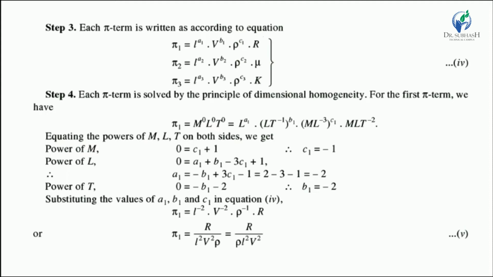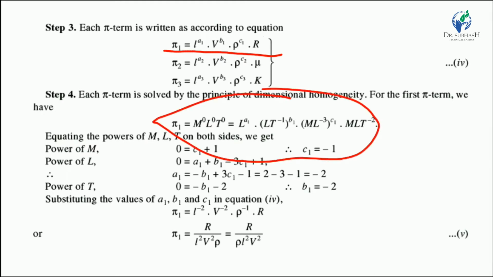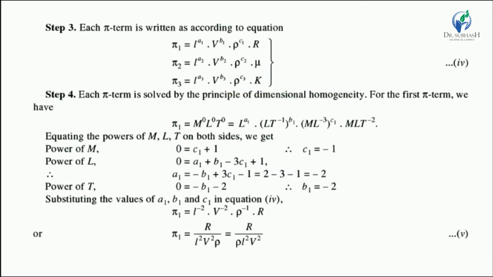First of all, we take the first pi term and write it in the MLT forms of all variables. The pi term is a dimensionless number, so it does not have MLT. So the powers of M, L, and T are 0.